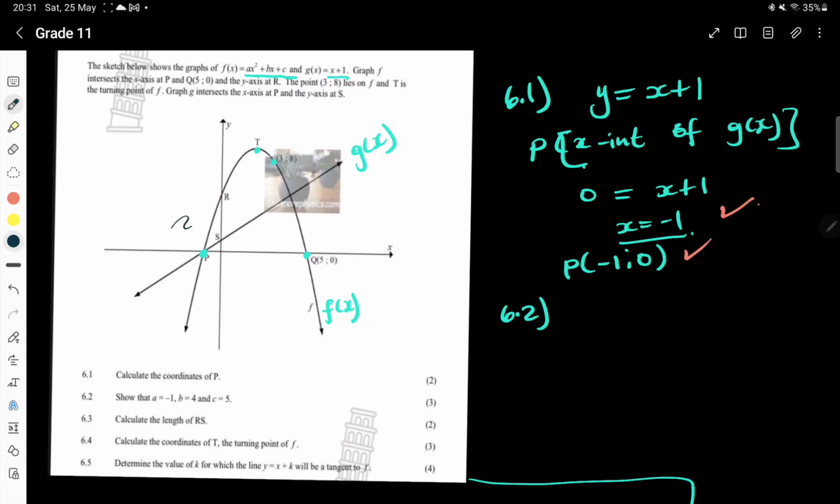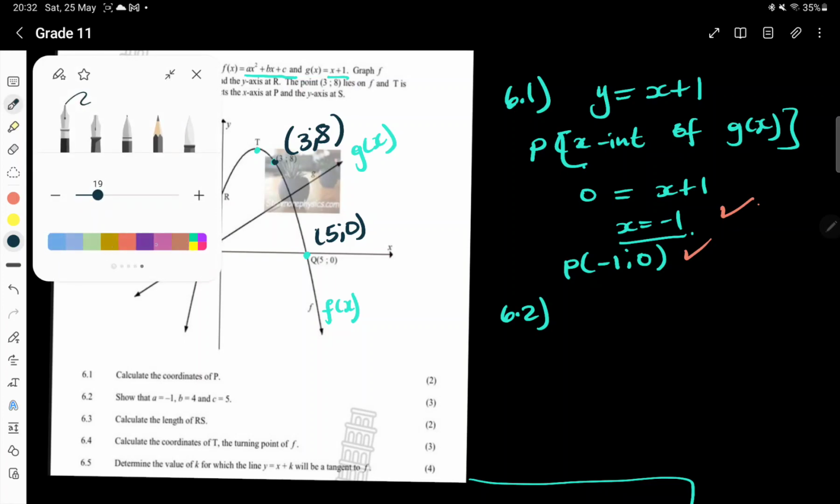I can just write them here. We've got this one, which is (-1, 0). We've got that one, which is (5, 0). We've got another point, which is also (3, 8). So we use the second formula, where you have both the intercepts.